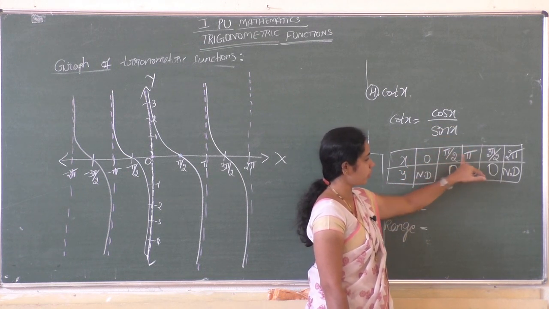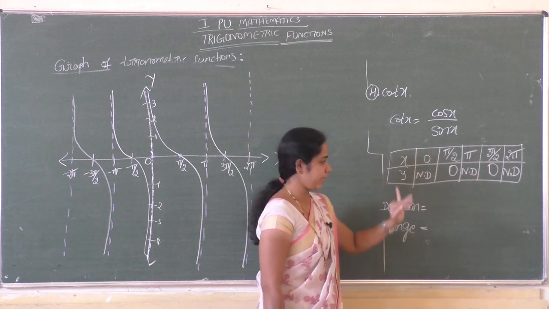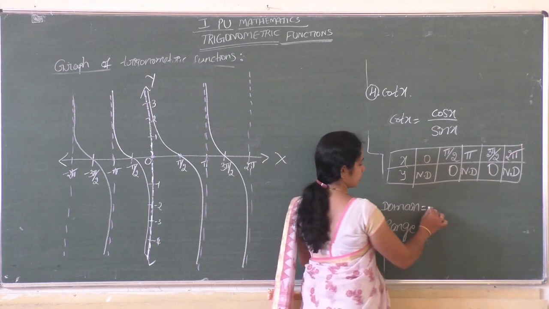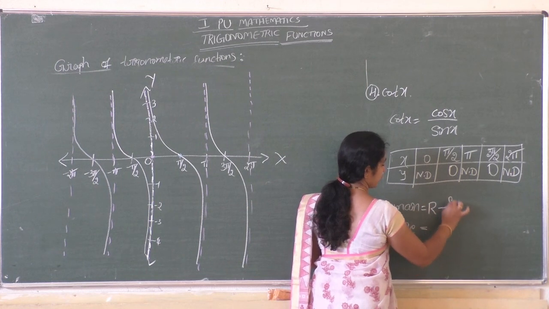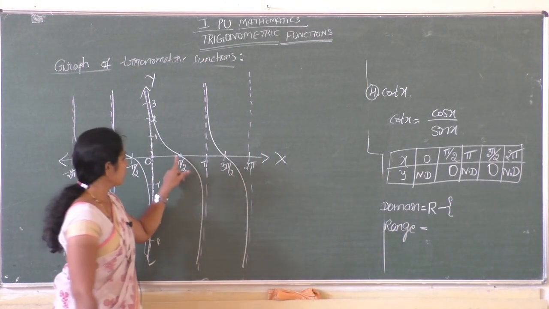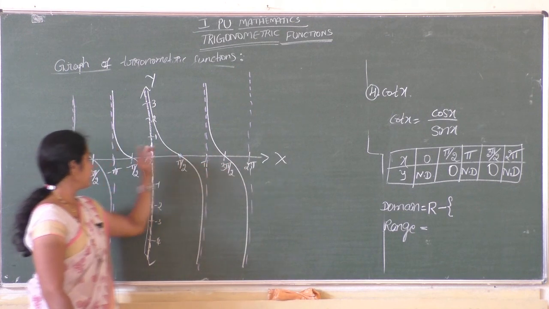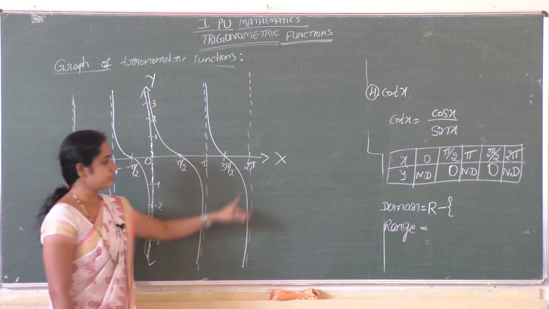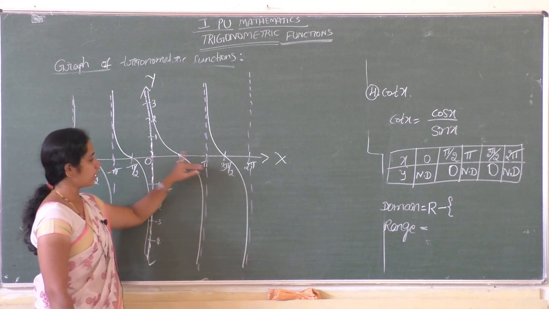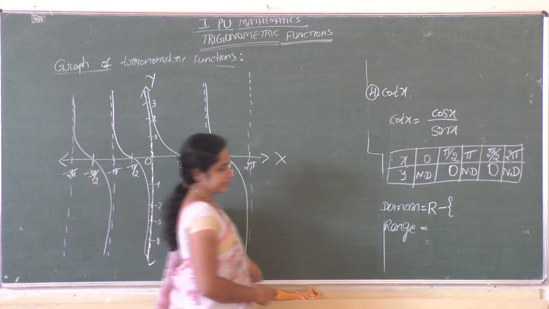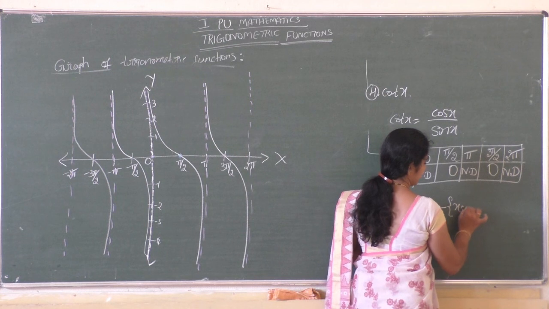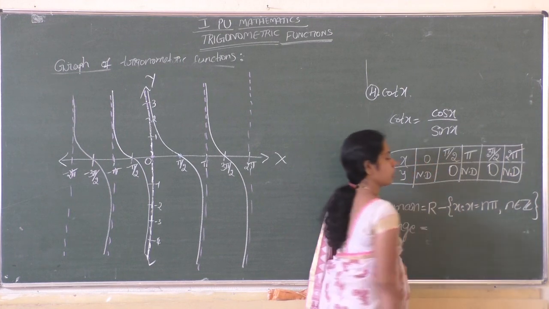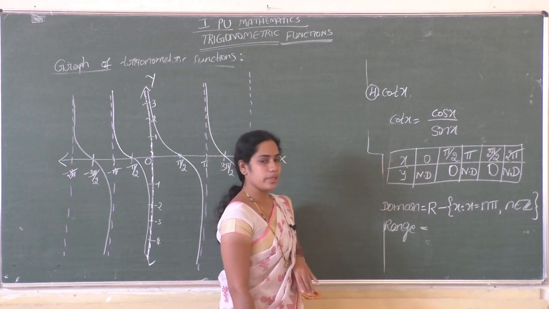Sin x is 0 for integral multiples of pi: 0, pi, 2 pi, 3 pi, and so on. So it is the set of all real numbers minus 0, pi, 2 pi, minus pi, minus 2 pi. For those values the function is not defined, and for all other values the function is defined. So R minus the set of all x where x equals n pi, where n belongs to Z. That is the domain of the function.